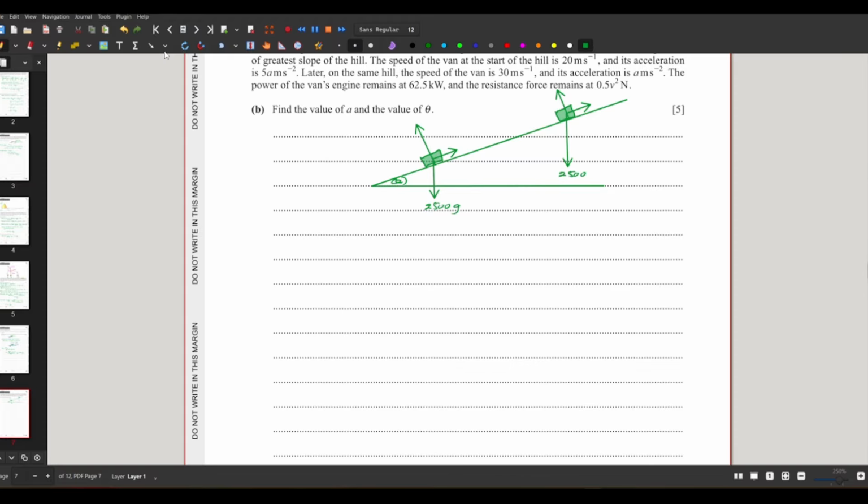This is also 2500 g, and the reaction force is R. And at the beginning, the acceleration is 5a and the velocity is 20 meters per second. And the driving force, let's say here FD1 for the first situation, here FD2. And for the second situation, the acceleration is a and the velocity is 30.